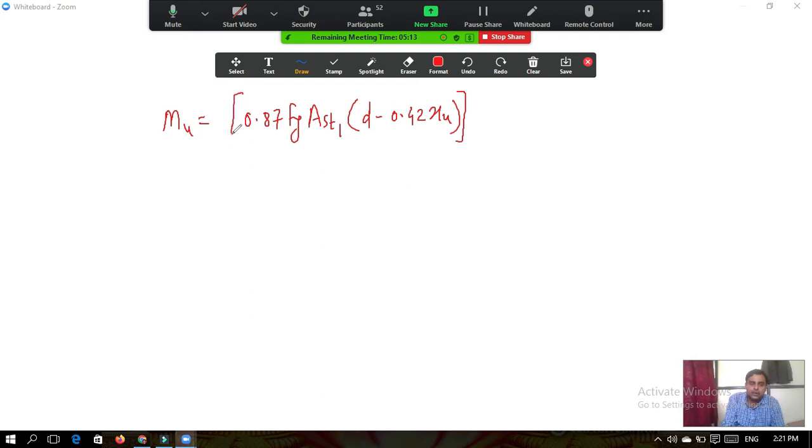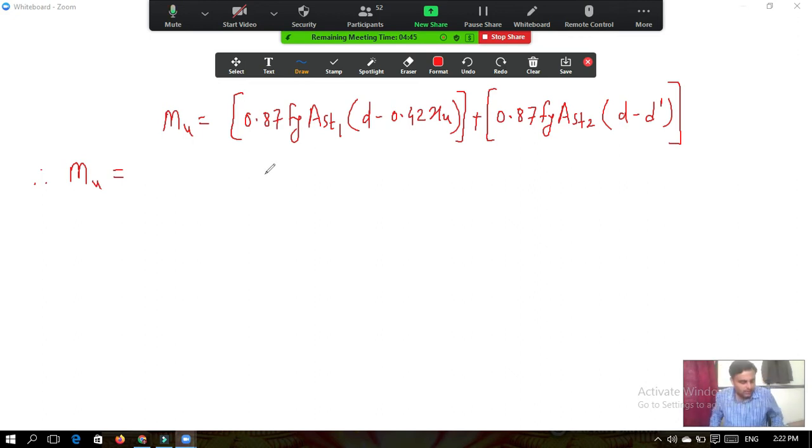This is your first bracket plus in the second bracket it is TU2 into Z2. So what is the value of TU2? 0.87 Fy AST2 multiplied by D minus D dash. This is the lever arm. So here you need to put the values. Therefore, MU is equal to. So put all the values and let me know the answer. If you put all the values, what answer you will get?